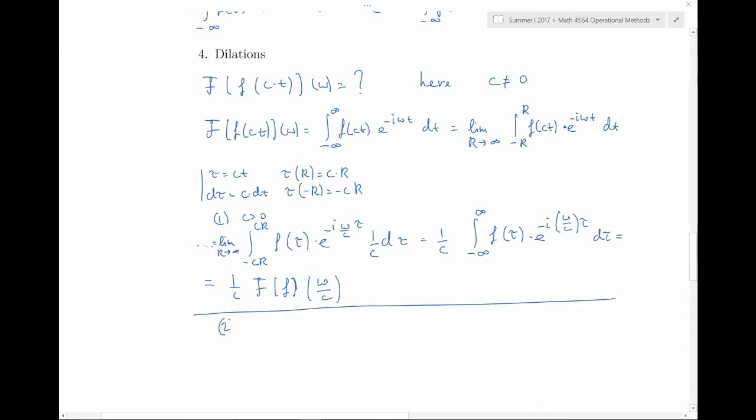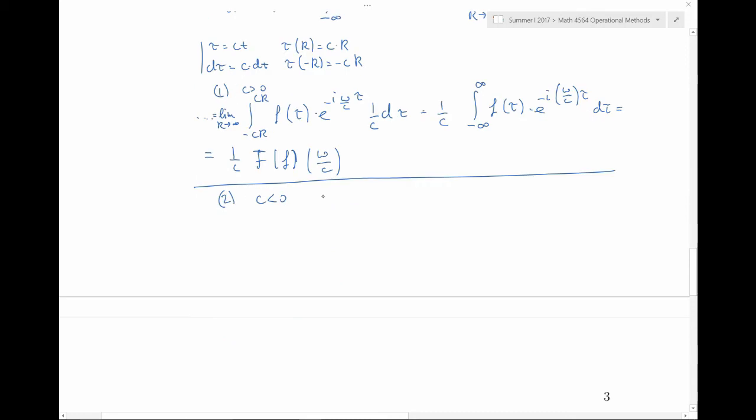Case 2, if c is less than 0, let's just say c is minus absolute value of c. Then this is what we get. The integral is going to be equal to the limit as R goes to infinity. It's going to integrate from absolute value of cR to minus absolute value of c times R. We will have f of tau multiplied by e to the minus I omega of tau over c.